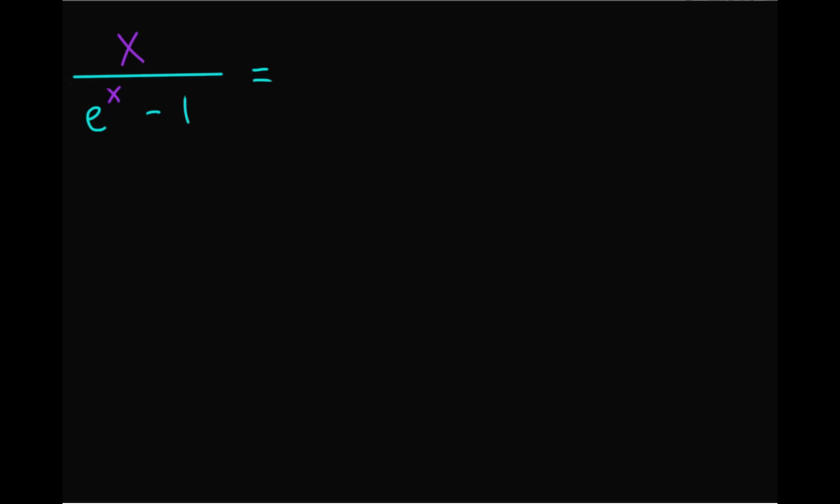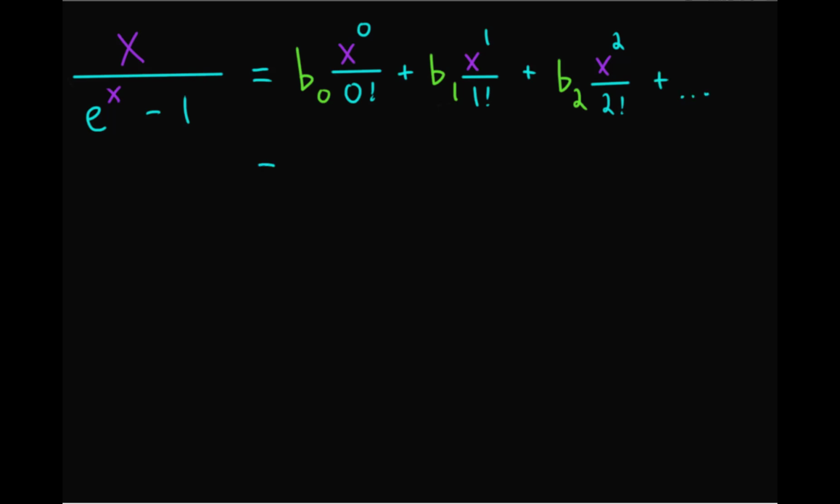And it can be expanded as a Taylor series whose coefficients are the Bernoulli numbers. So this equals b sub 0, the 0th Bernoulli number, times x to the 0 over 0 factorial, plus b sub 1 times x to the first power over 1 factorial, plus b sub 2 times x squared over 2 factorial, plus ... and so on.